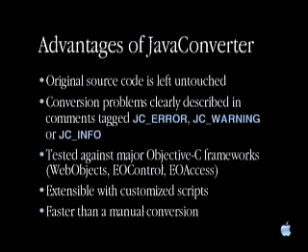Some of the advantages of using Java Converter: we don't touch your original source code. We lay down a parallel set of files as the ones we converted. If there's a conversion problem in the converter, we clearly describe the error in the new code as a JC error, JC warning, or JC info. We also print to the transcript a little warning that something happened, so you can just go off and search and find out what the problem was.